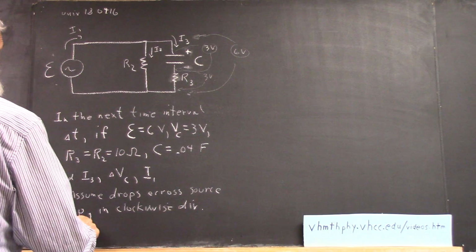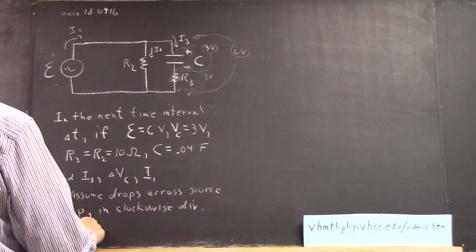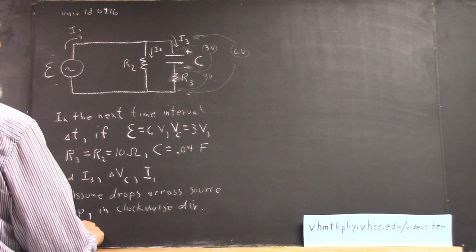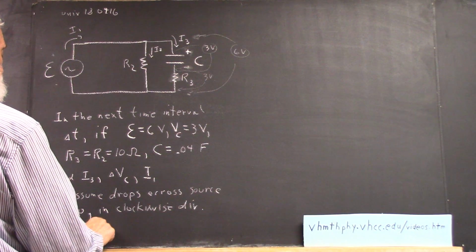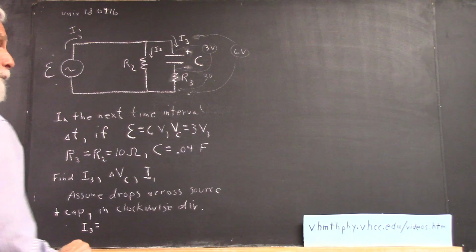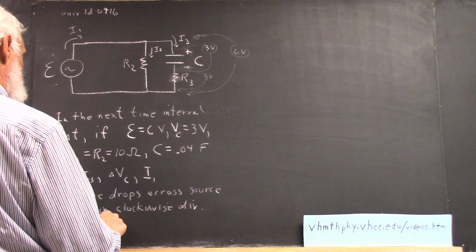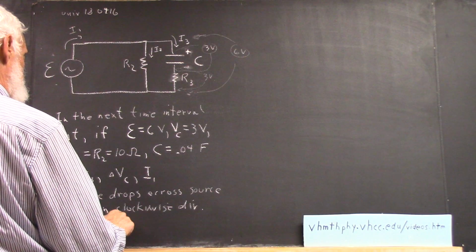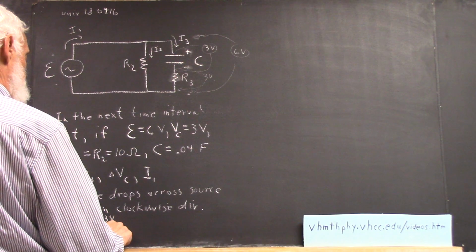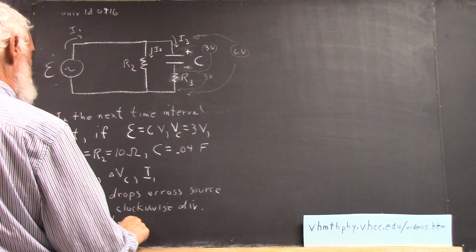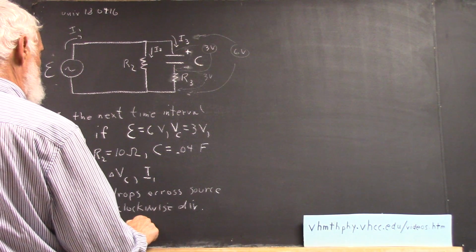So I3, guess what? It's 3 volts over R3, which would be 0.3 amps.